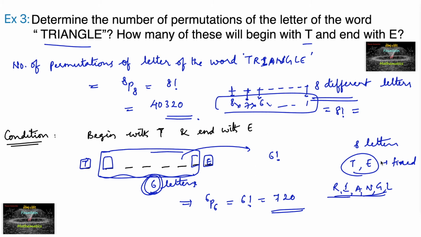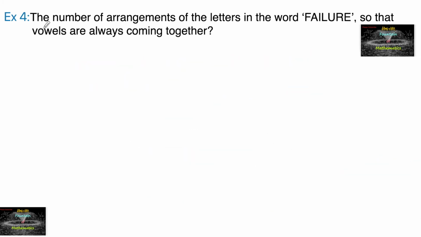Okay. Now let us see another example. The number of arrangements of the letters in the word failure so that vowels are always together.